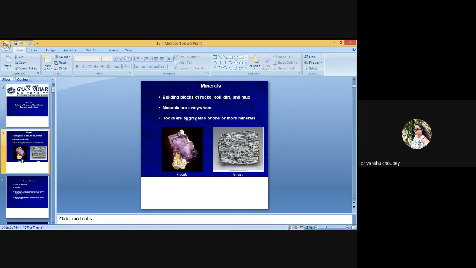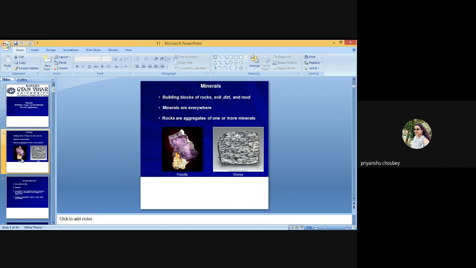Light colored minerals like quartz, feldspar, and muscovite are constituents of igneous rocks such as granite, diorite, rhyolite, andesite, felsite, and obsidian.